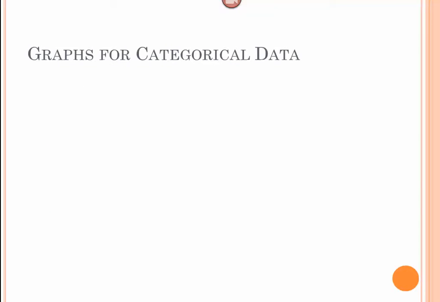Very good. So we're first going to look at what we do with data that's categorical and how we can organize it. This first section is really all about once we've gathered data and we have it, how do we organize it in a way that can display the meaning simply from a picture.